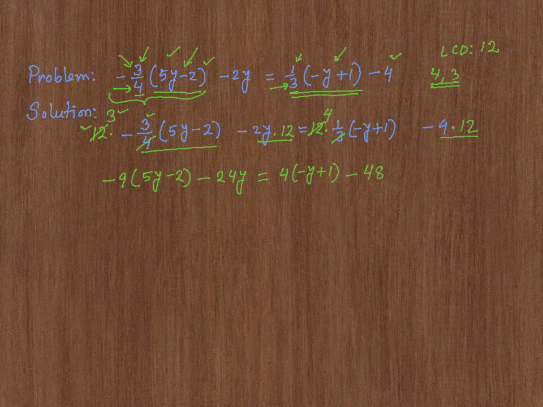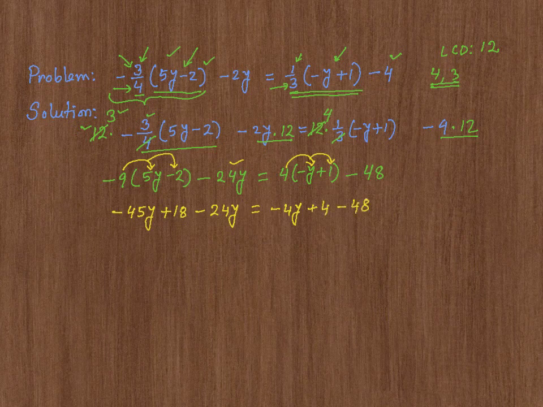Now I am going to use the distributive property to simplify, which is very straightforward. Negative 9 times 5y is negative 45y, and negative 9 times negative 2 is positive 18, then minus 24y, which we have right there, is equal to 4 times negative y, which is negative 4y, then 4 times 1 is 4, and then minus 48.